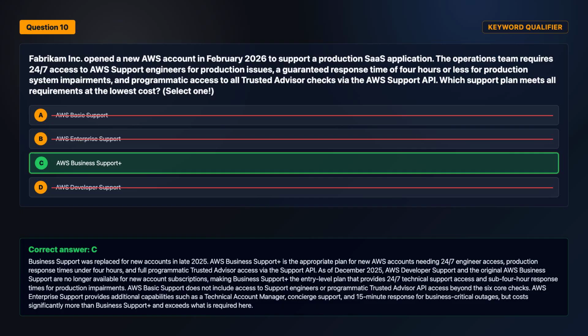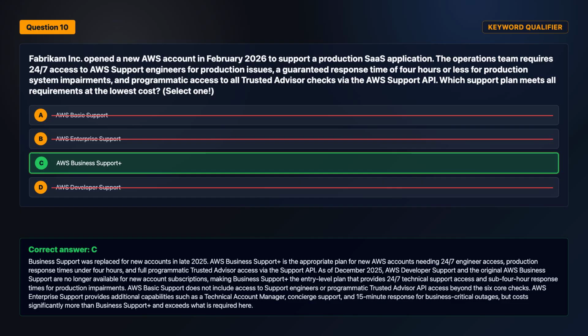As of December 2025, AWS Developer Support and the original AWS Business Support are no longer available for new account subscriptions, making Business Support Plus the entry-level plan that provides 24/7 technical support access and sub-4-hour response times for production impairments.